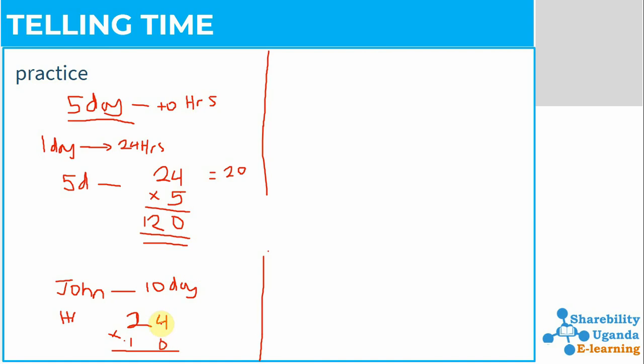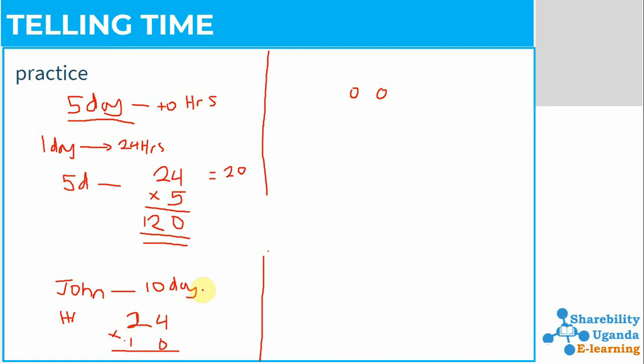So what is 0 times 4? We shall get our answer as 0 here. What is 0 times 2? We get 0 again. Then we are coming now to a 1.